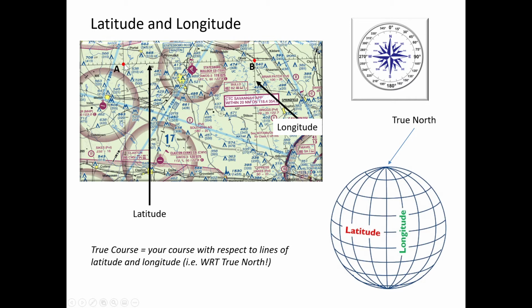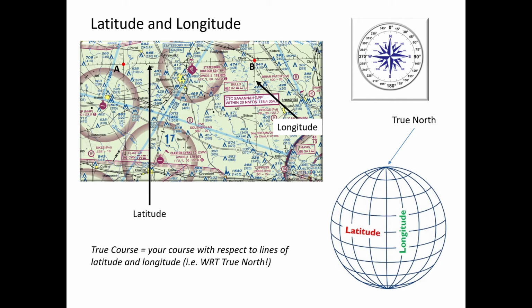I've got points A and points B. If you're traveling from A to B, you're traveling to the east on the true north reference system. So you're essentially traveling a heading of 090 A to B on the true reference system.